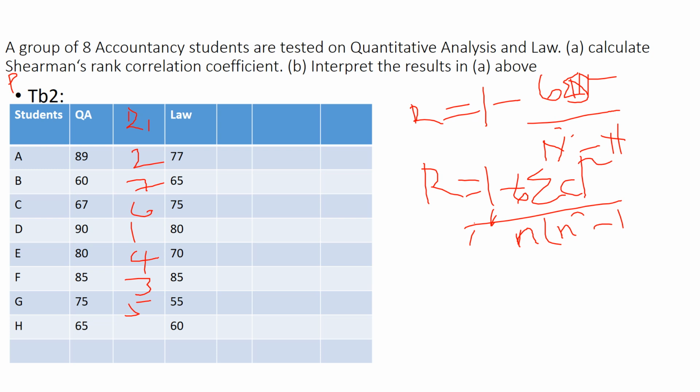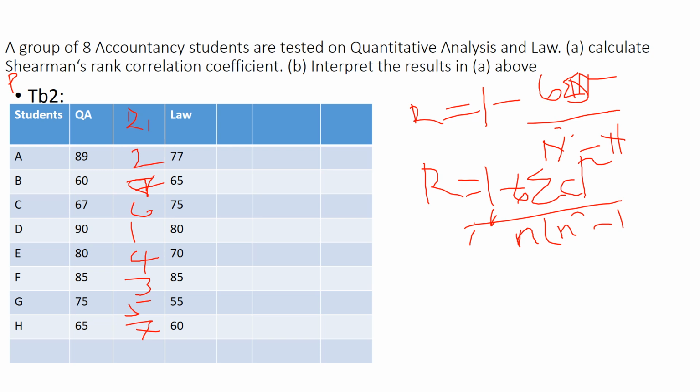So this one is supposed to be number what? We missed, this one is 8, and the other one is number 7 here. We have that one being number 7 there, and also this one is number 7 here.